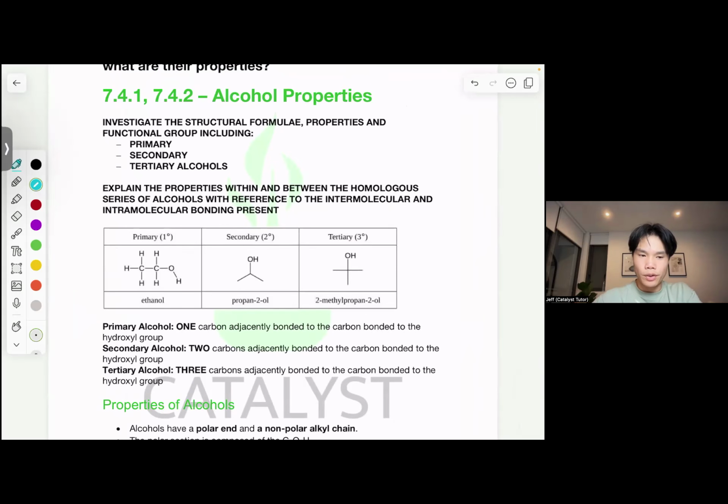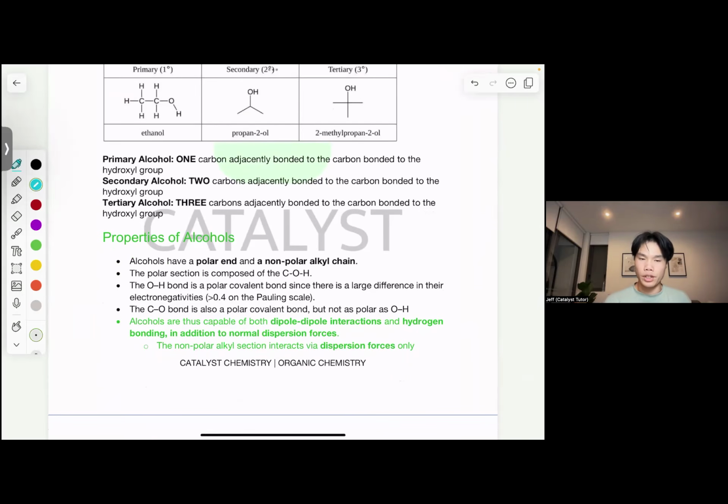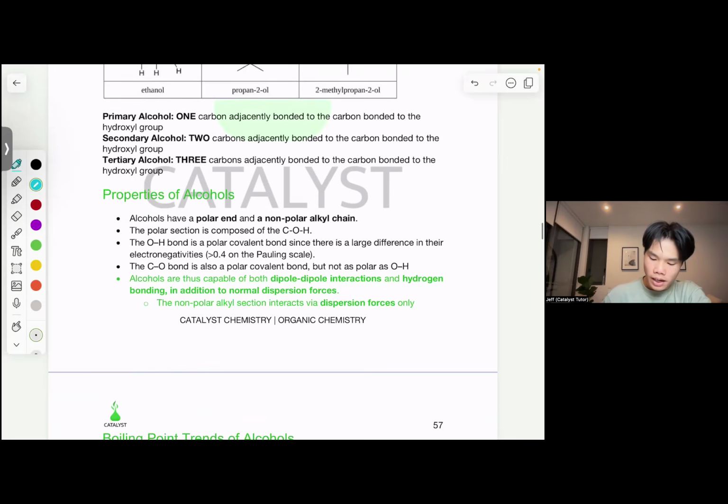Alcohols, high or low boiling point? They should have a relatively high boiling point because they are polar. They can form H bonding. They have OH. So alcohols should have a relatively high boiling point.